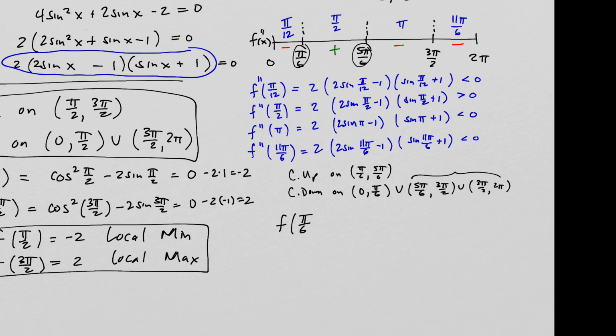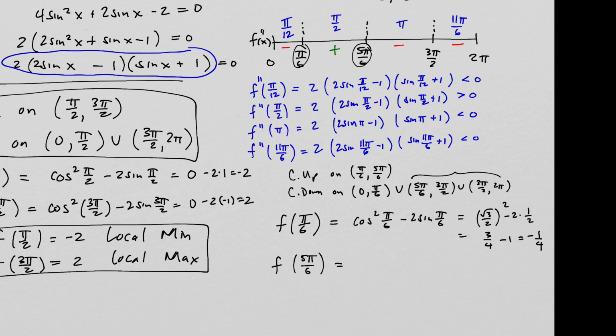So f of pi over 6 is going to be cosine squared of pi over 6 minus 2 times the sine of pi over 6. And this is going to be radical 3 over 2 squared minus 2 times 1/2. And that is 3/4 take away 1, which is negative 1/4. And f of 5 pi over 6 is cosine squared of 5 pi over 6 minus 2 times the sine of 5 pi over 6.